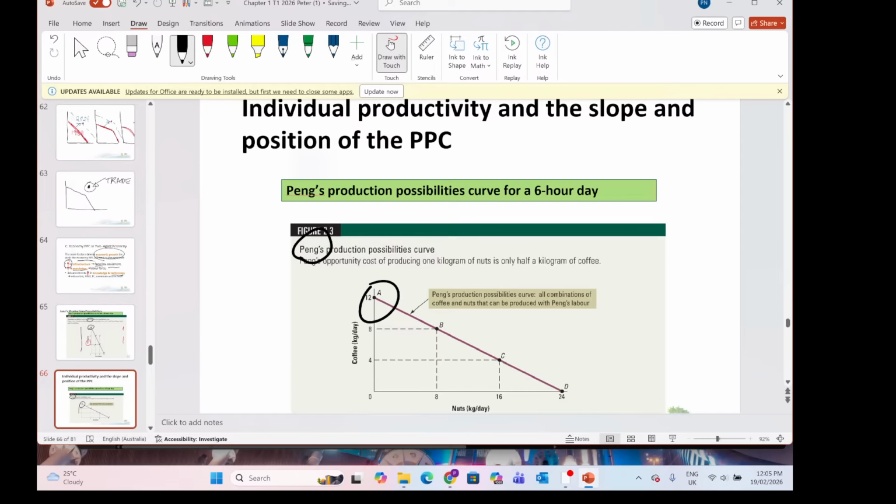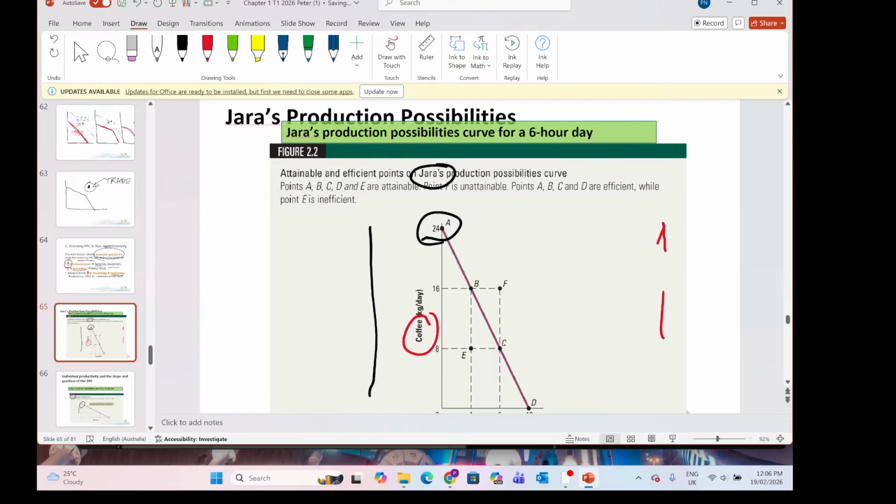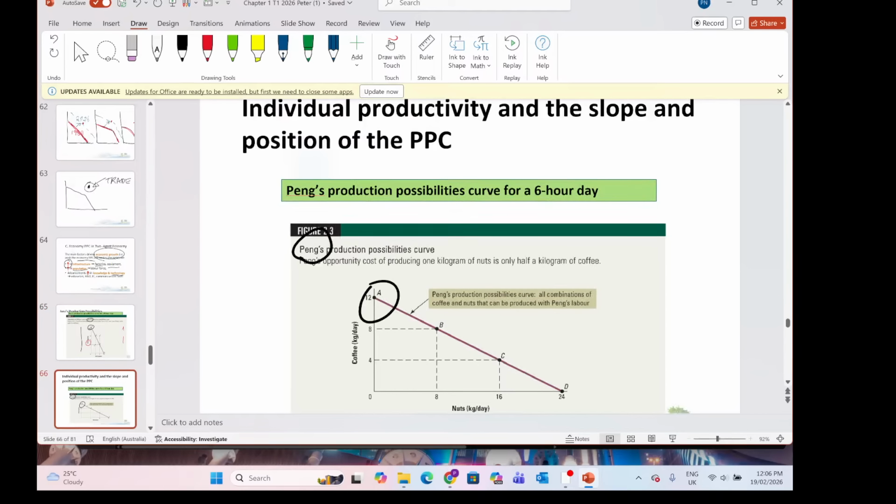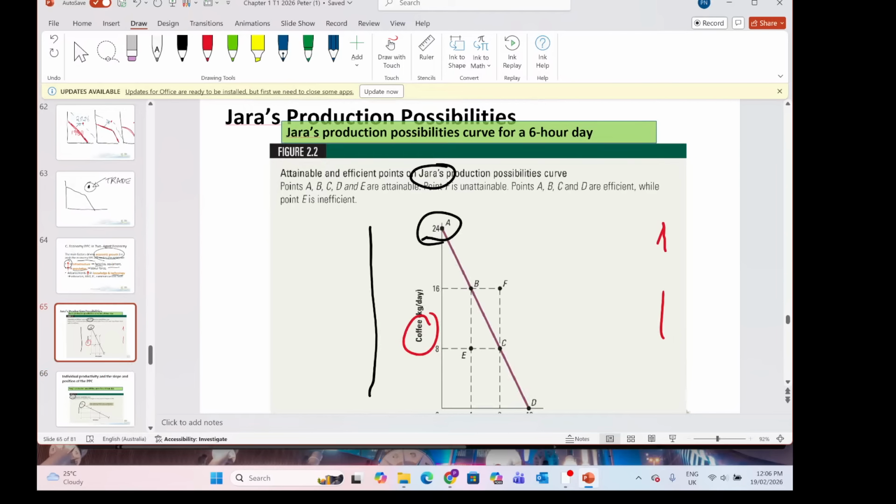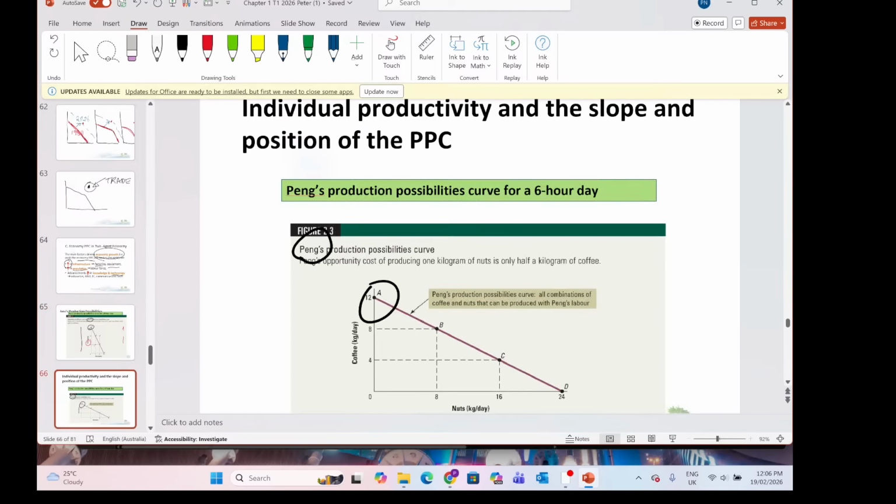But he also has a comparative advantage because when he produces coffee, his opportunity cost will be lower than Peng's. Sorry, I've got to restate that. Jara has a lower opportunity cost for producing coffee, and Peng has a lower opportunity cost for producing nuts.